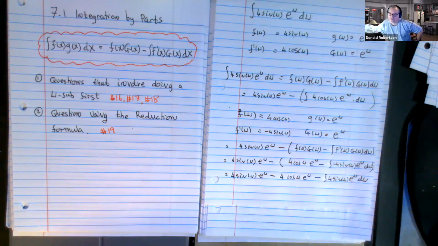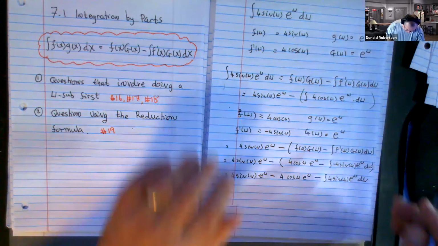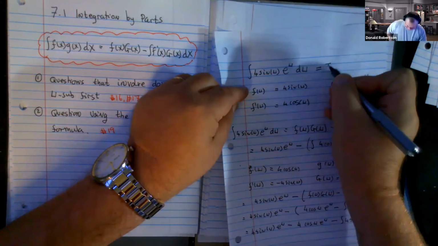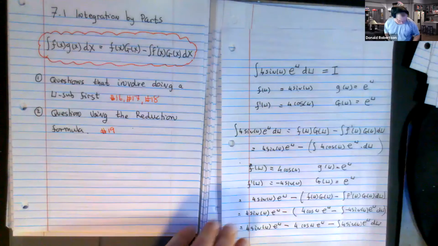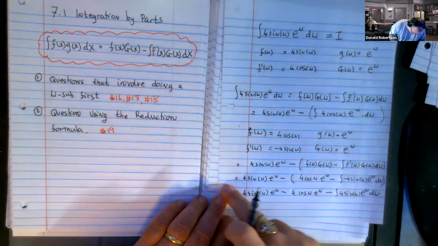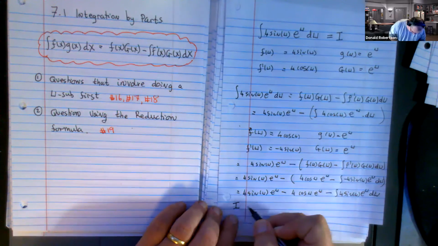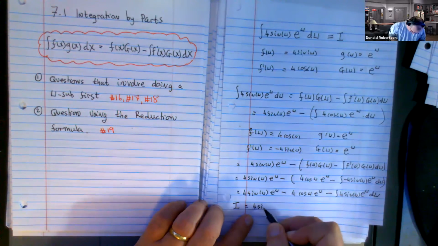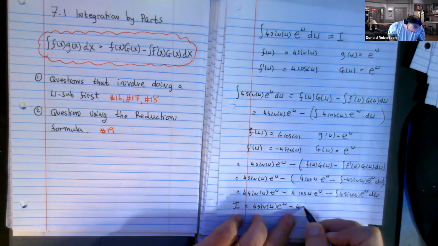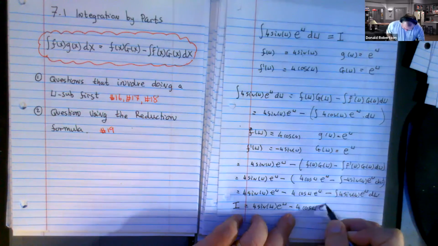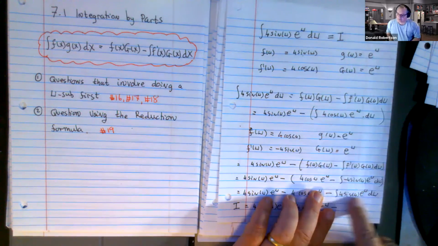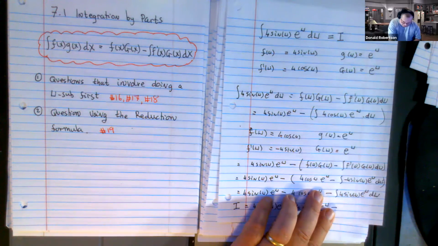So let's show you the trick. This guy here, let's call him capital I. And we know that this integral, that's him, is here. So what do I know? I know that I is equal to 4 sine u e to the u, take away 4 cosine u e to the u, take away, what is this guy? Isn't he I?